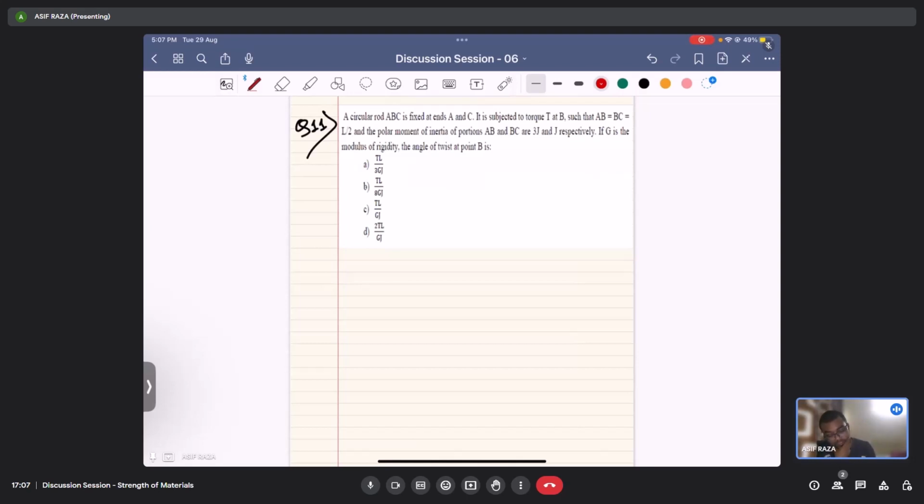Question number 11 says a circular rod ABC is fixed at ends A and C. It is subjected to torque T at B such that AB equal to BC equal to L by 2, and the polar moment of inertia of portions AB and BC are 3J and J respectively. If G is the modulus of rigidity, the angle of twist at point B is.